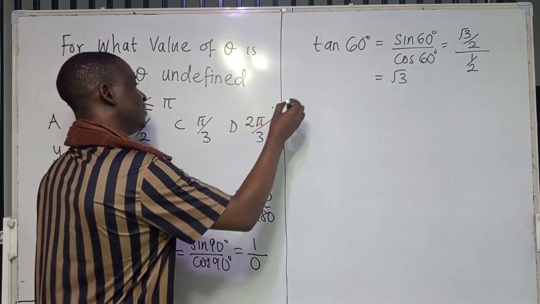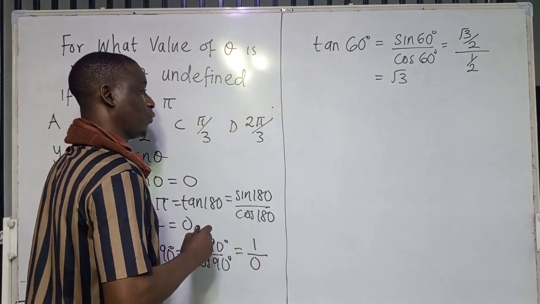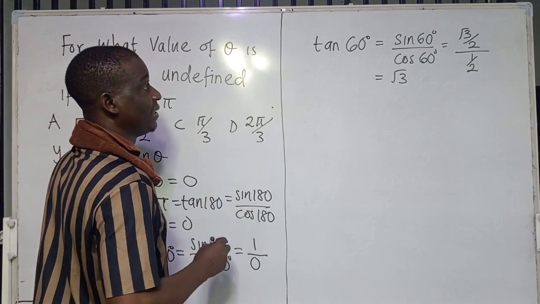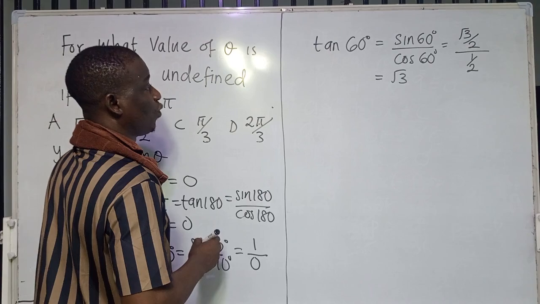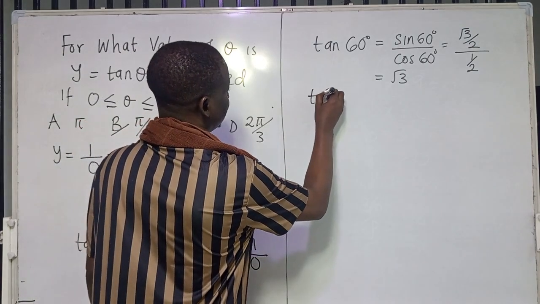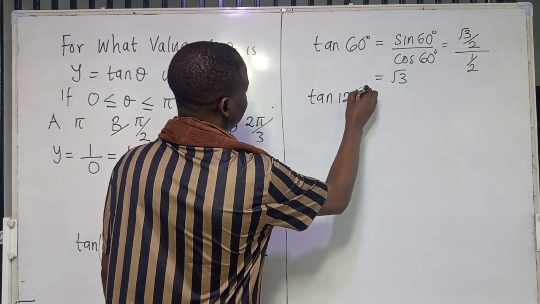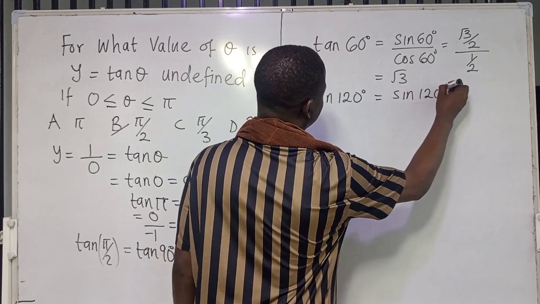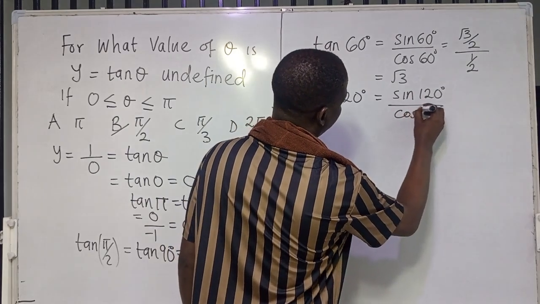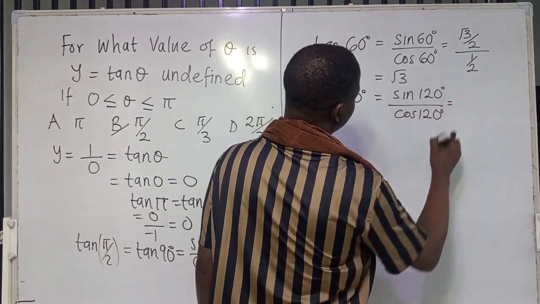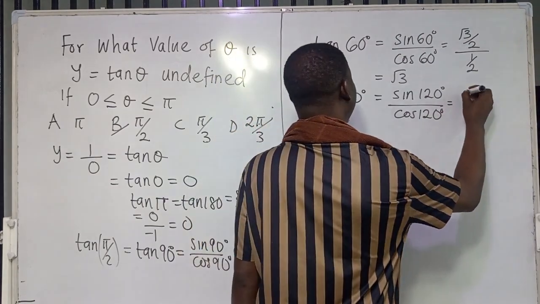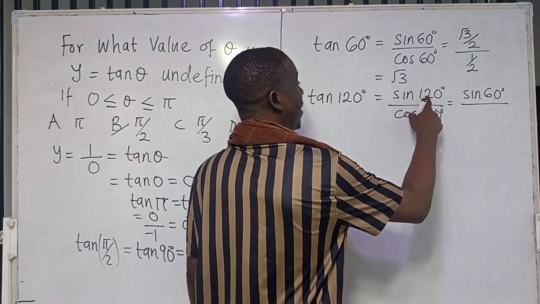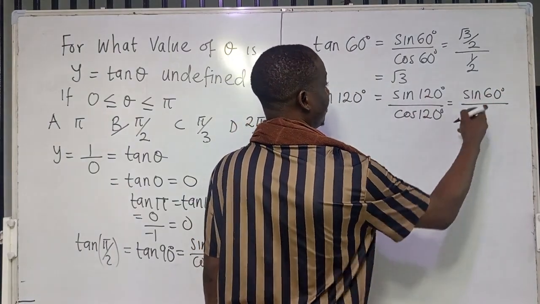This is 180 now. 180 times 2 is 360. 360 divided by 3 is 120. And 120 degrees is the same thing as sine 120 degrees over cos 120. Sine 120 degrees is equivalent to sine 60 degrees, because 180 minus 120 equals 60.